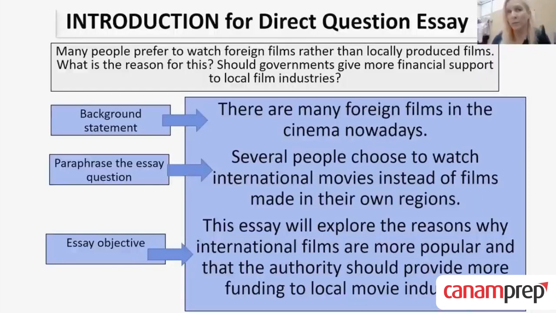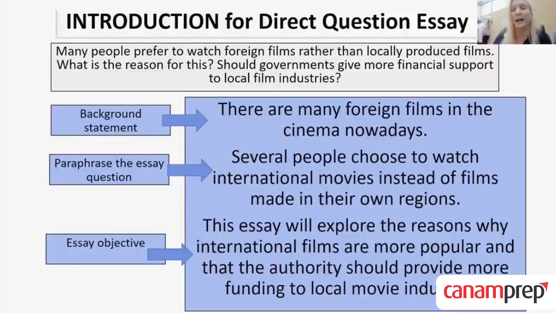Instead of foreign films, I've written international movies. And instead of locally produced films, I've just written films made in their own region, which has the exact same meaning.